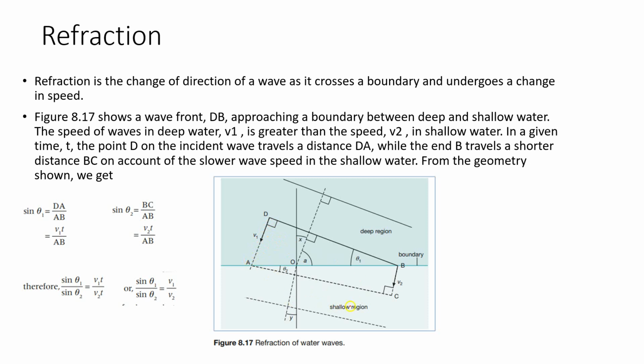Now, with all of this being said, we can come up with a simple equation to show that the angle of incidence has some relationship to the speed of the wave in the shallow region and so forth.